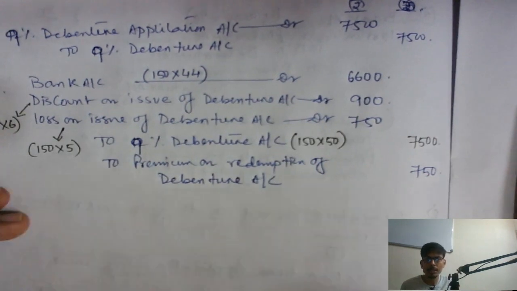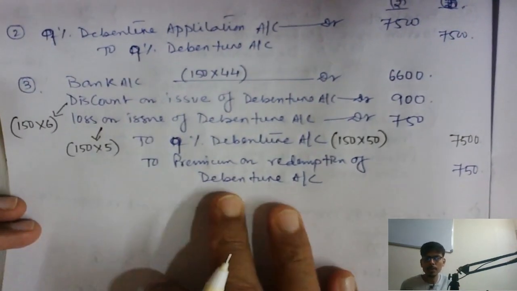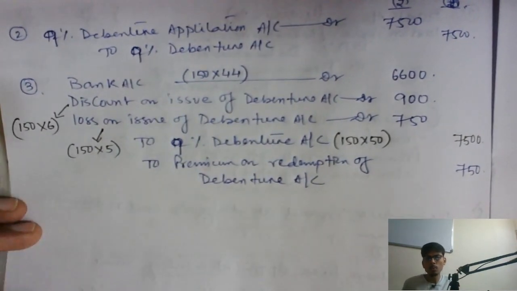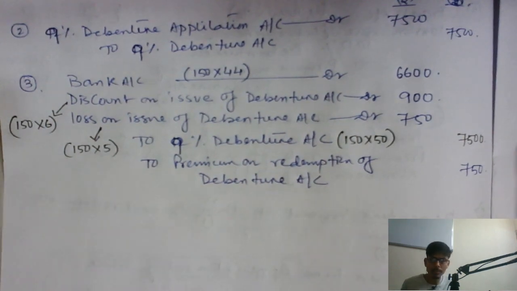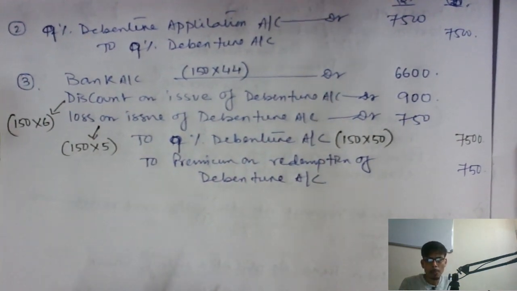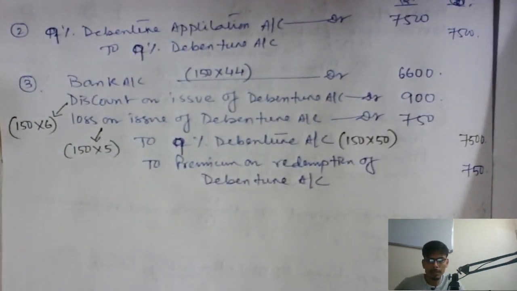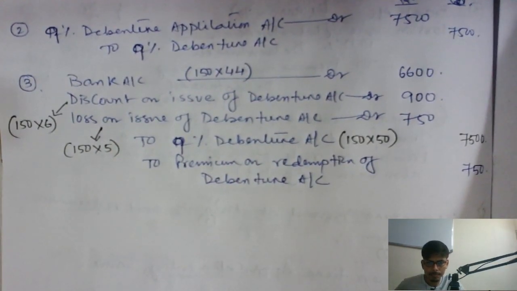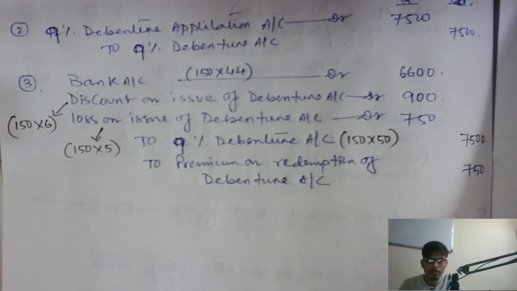So done, completed. Okay. See, in one single journal we made it completed. ठीक है, ये हो गया, cover it up, done.